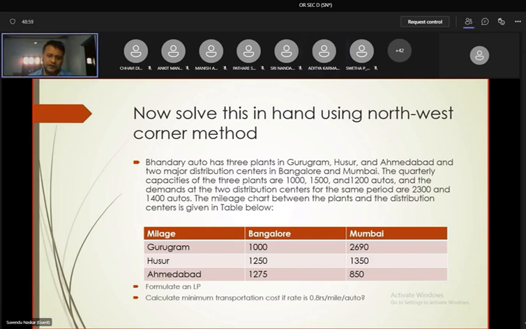Okay, let's wait for others. Sir, can you please repeat what the chart signifies? Basically, mileage chart means distance between two points. Okay, okay, sir.